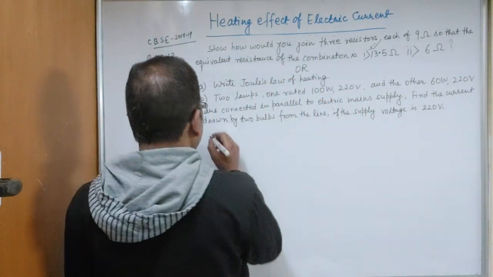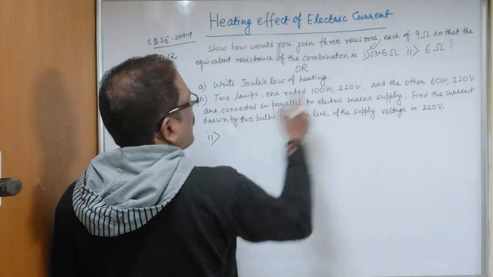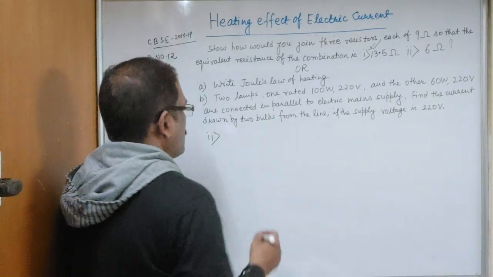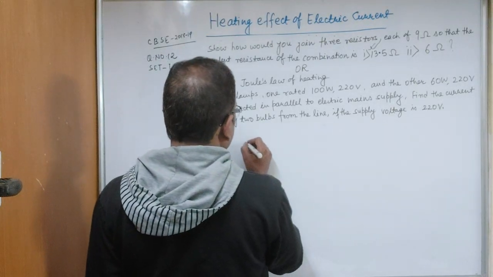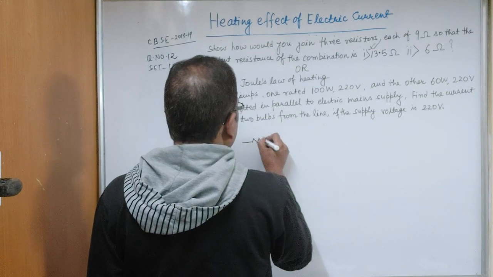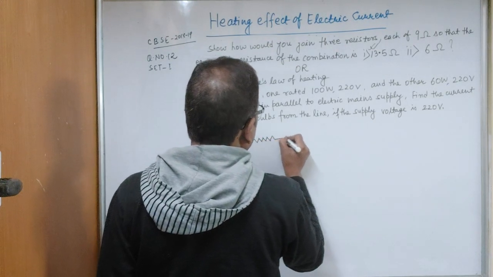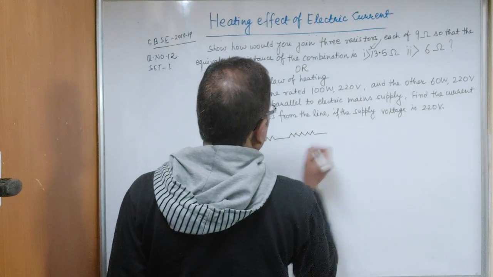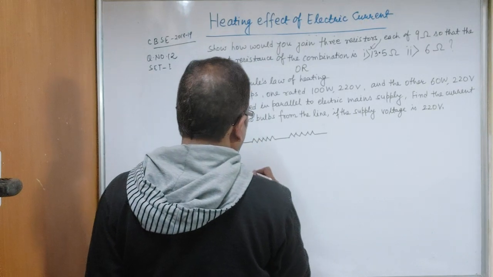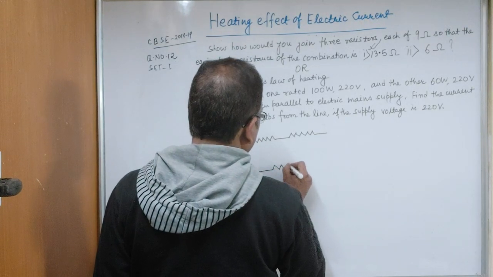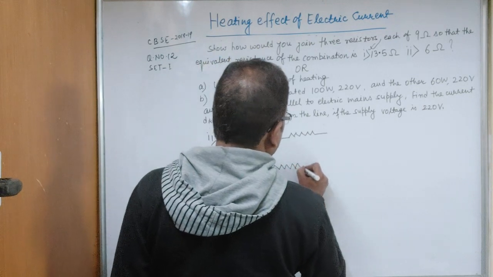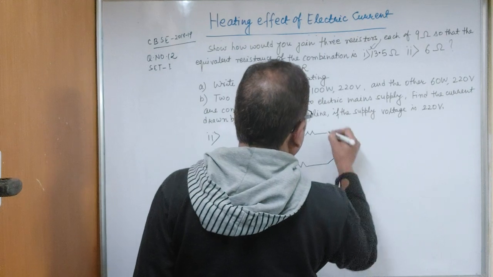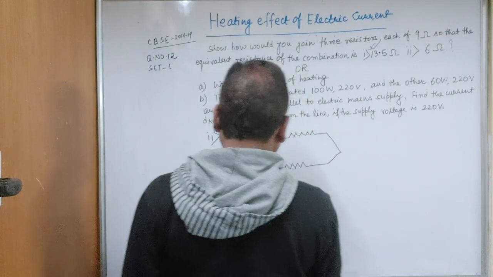Now the second part, how we can get 6 ohm resistance. So this time let us take two resistors in series and then connect one resistor with them in parallel, like this.